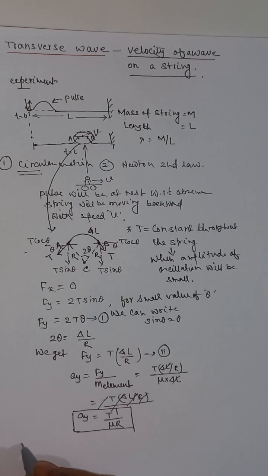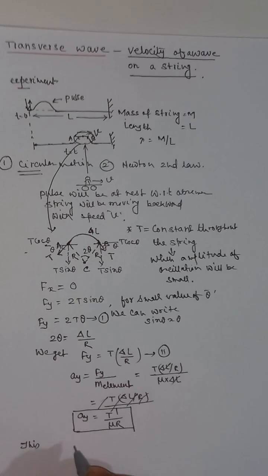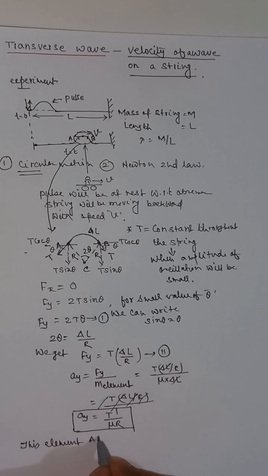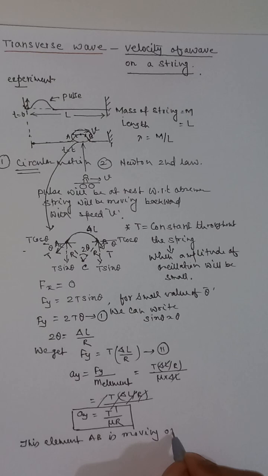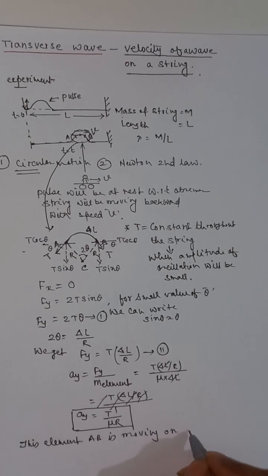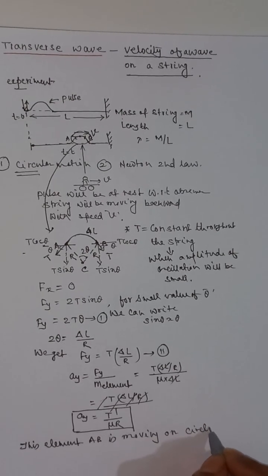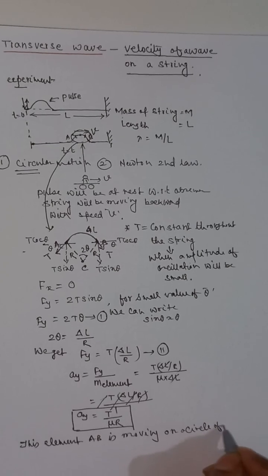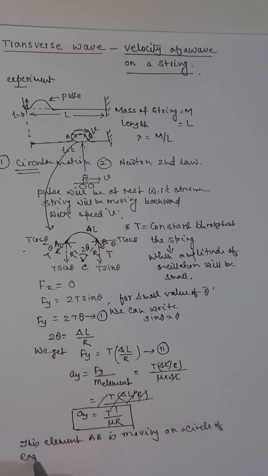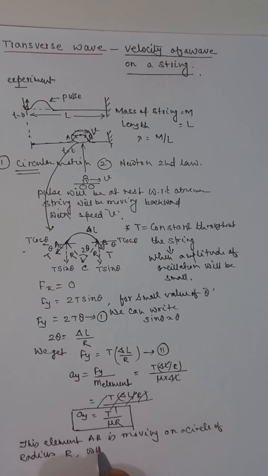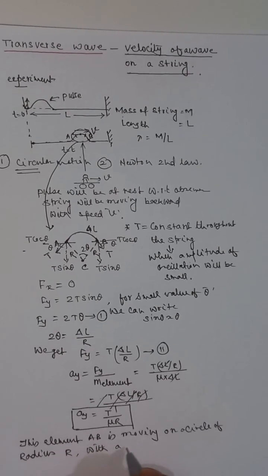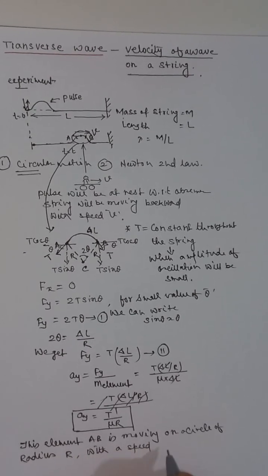So I can write, this element AB is moving on a circle of radius r with a speed v.